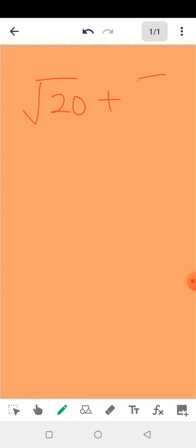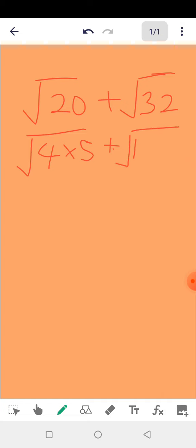Let's just check this out. Now 20 is 4 times 5, and root 32 is 16 times 2. Remember, I can pick out the perfect squares to make my work easy.